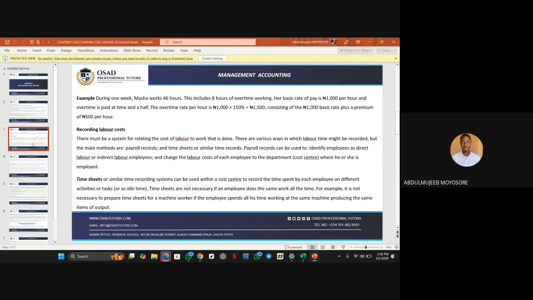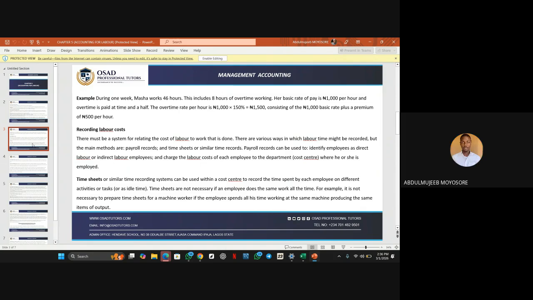Plus, what is the value of our normal working hours? 38 hours, per hour is 1,000 naira, which gives us 38,000 naira.